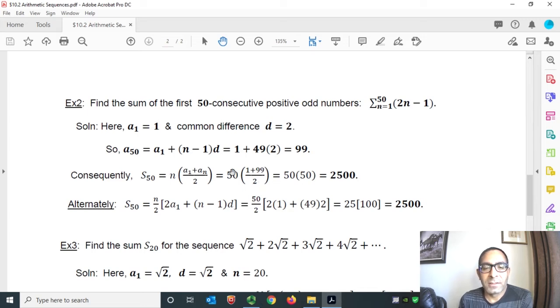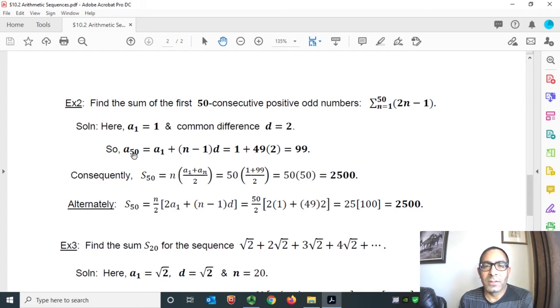Next, this 50 as it is here, inside the parentheses, 1 plus 99 is 100. 100 divided by 2 is 50. So 50 here. The last step, 50 times 50 is 2500. Awesome. Now we found the sum of the first 50 consecutive positive odd numbers, which turns out to be 2500. Great. Or alternately, we can use this formula.